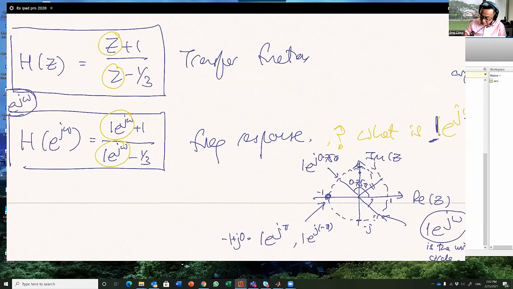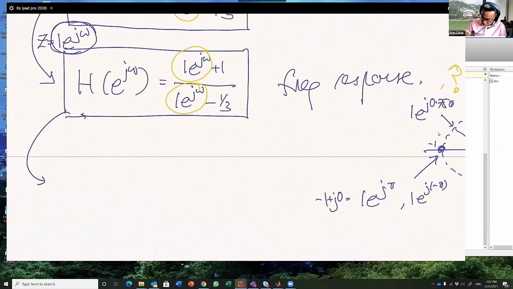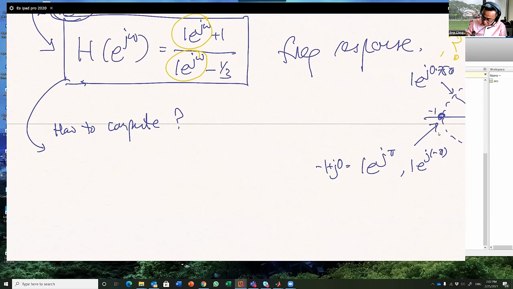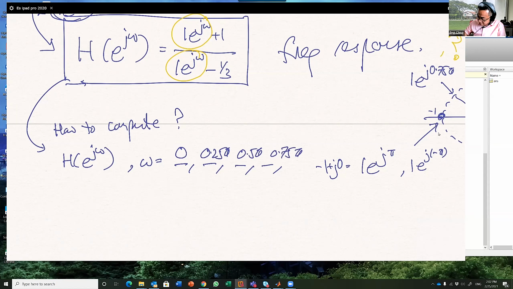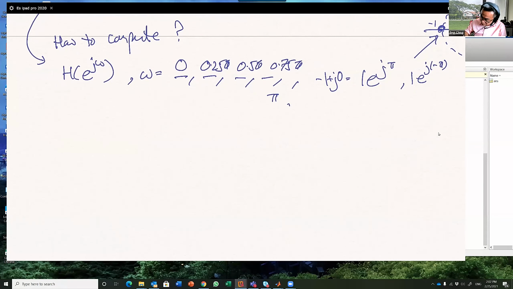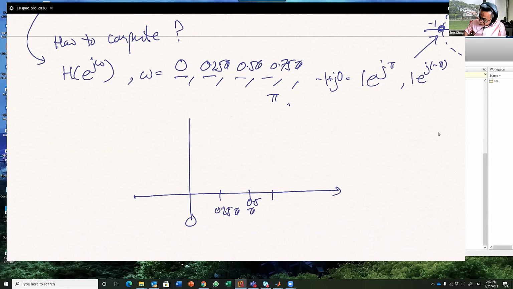Now we have already figured out this. How to compute? We will always ask you this question. We want to compute H(e^jω) for different values of ω. The typical values are 0, 0.25π, 0.5π, 0.75π, and finally π. So we are asking you to draw 0, 0.25π, 0.5π, 0.75π, and π.